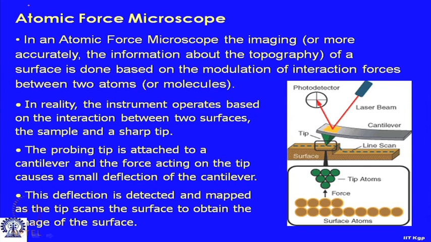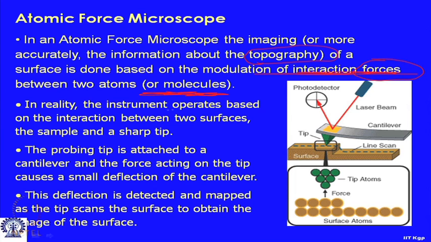In an atomic force microscope, the imaging, or more accurately the information about the topography of a surface, is done based on the modulation of interaction forces between two atoms. So, interaction forces, this is important. We talk about the interaction forces between atoms or molecules. In reality, we cannot go down to the atomic level, and we work based on the interaction forces between two surfaces. Okay.